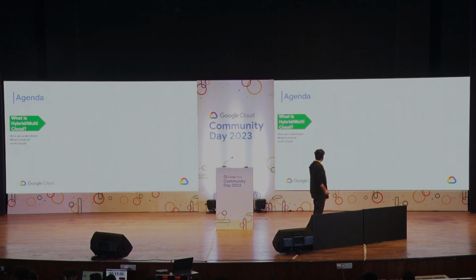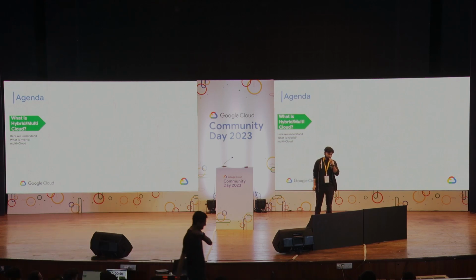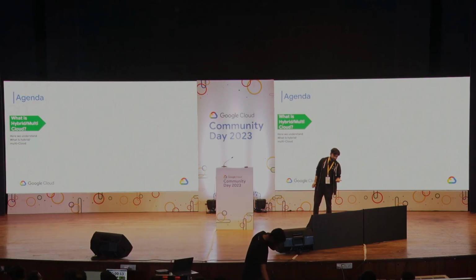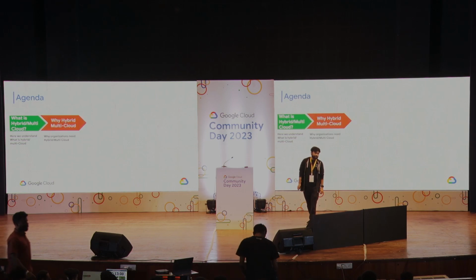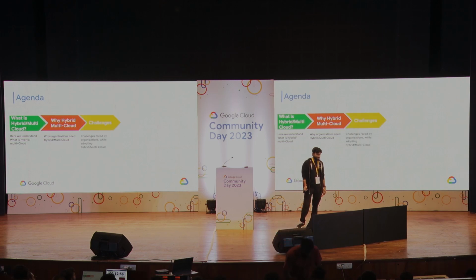So let's see the agenda first. First we'll see what is hybrid and multi-cloud. I think most of us don't know about this particular term, so for those folks, we'll see first what is hybrid or multi-cloud. Then we'll see why we need hybrid or multi-cloud. Then we'll see what are the challenges we have while setting up this kind of environment.